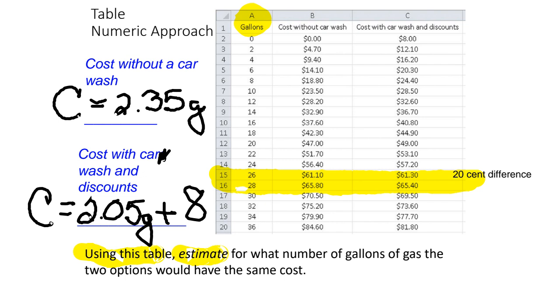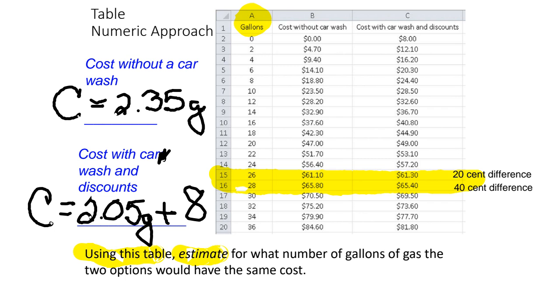Well, when I go down to the 28, I have $65.80 in column B. I have $65.40 in column C. Well, notice this is a 40-cent difference. Okay. We're as close as we're going to get.